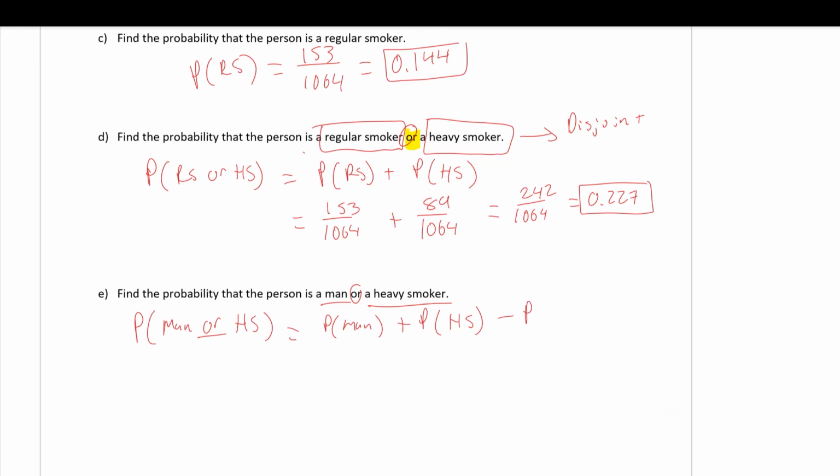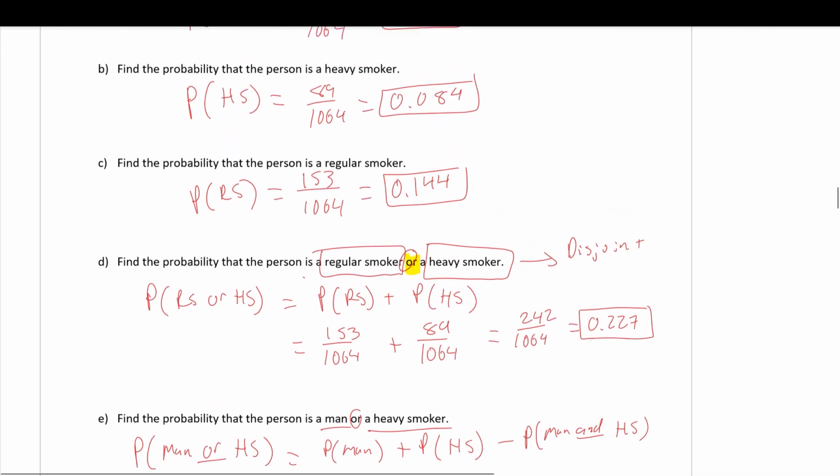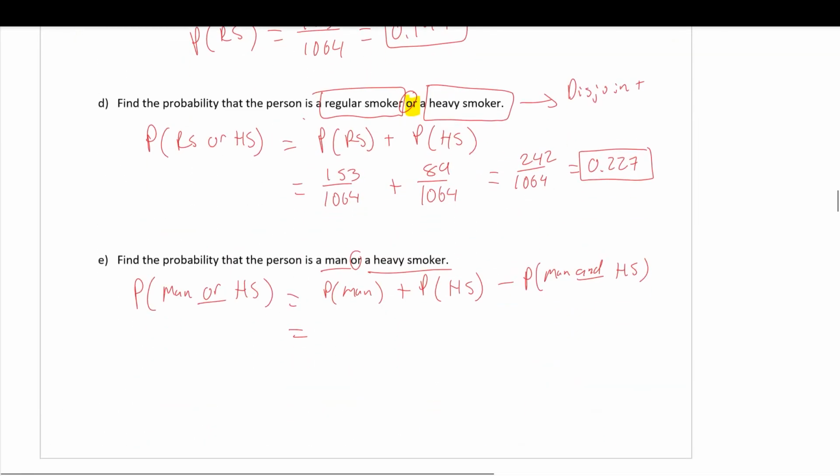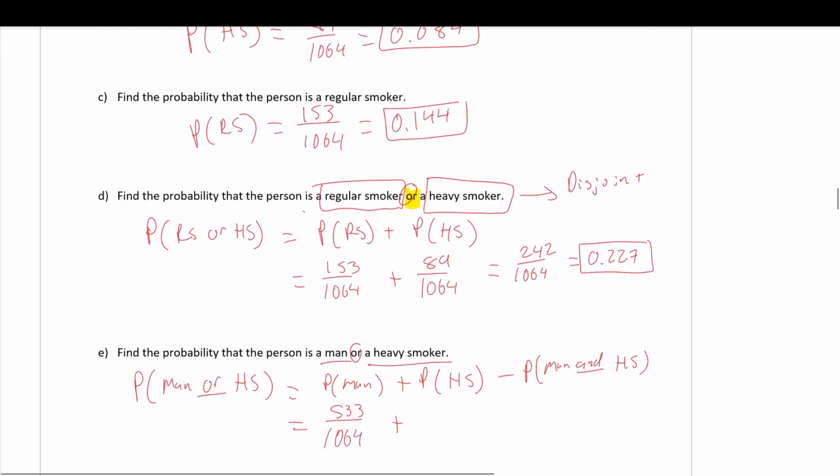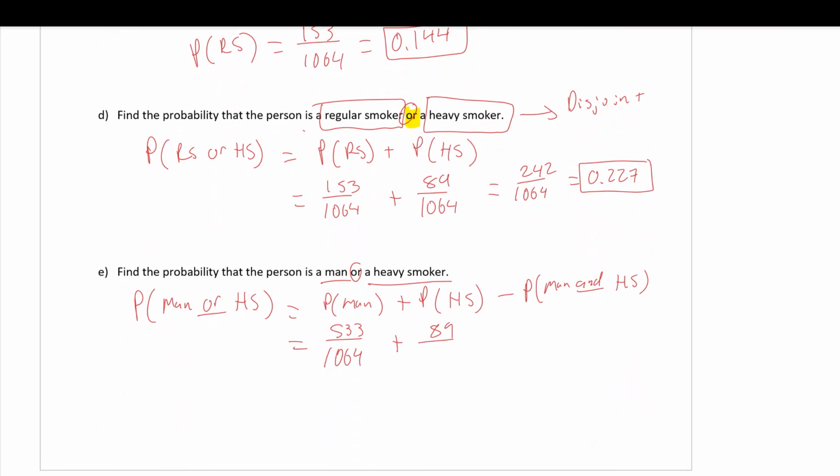So we count for it twice, we have to remove it once. Man and heavy smoker. All right, so again, for men it was 533 out of 1064. Heavy smokers were 89 out of 1064.